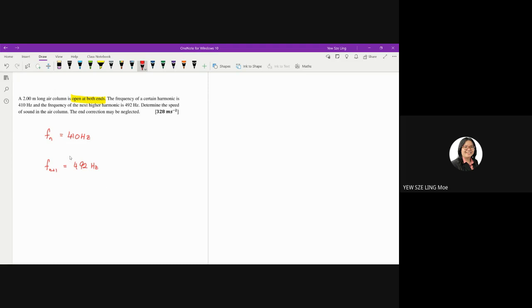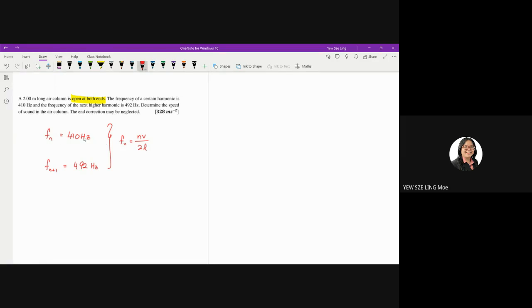And then how am I going to link them together? Obviously you need equations. The equation that can be used in an open-end air pipe is Fn equals nv over 2L. So I'm going to form two equations.